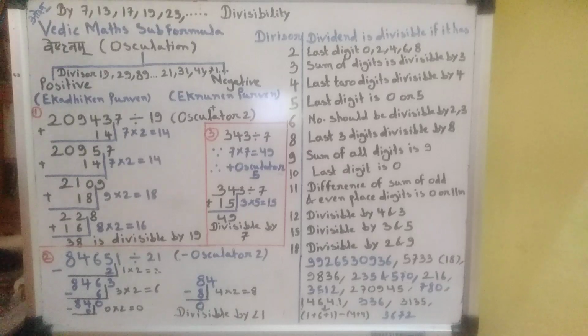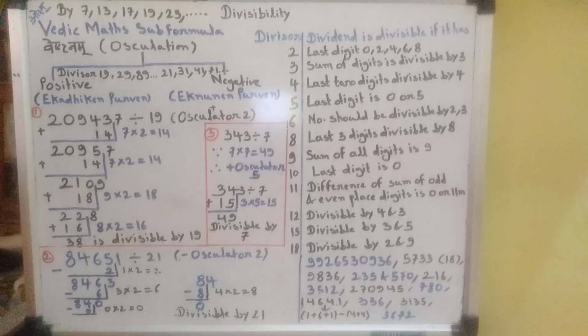Again we repeat the same process, multiplying the last digit 3 by 2. So 3 into 2 is 6. This 6 is subtracted from the remaining 846. 846 minus 6 is 840. The last digit is 0.